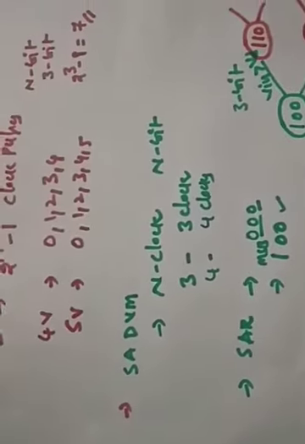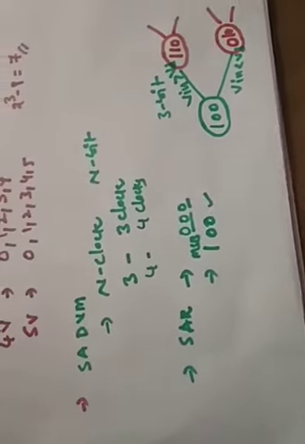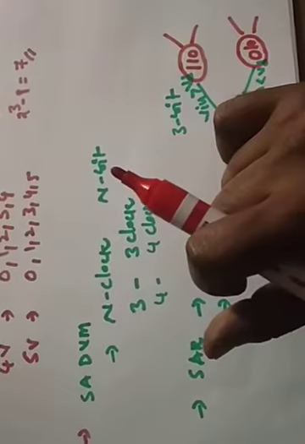This is the condition. So this way the algorithm is placed in the successive approximation register. This is the algorithm representation of a successive approximation register.